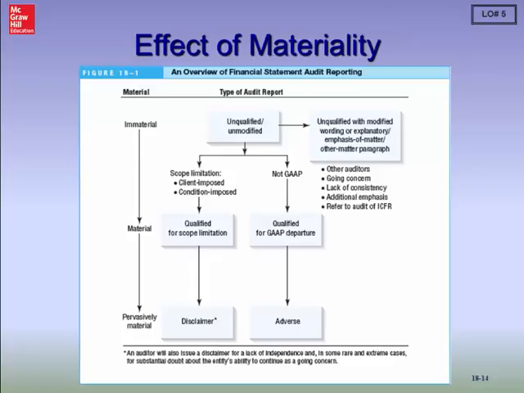If we have a material error, we're going to issue a qualified report. Again, qualified is except for, qualified for scope limitation, or qualified for GAAP departure. If it's pervasively material, we are either going to disclaim the financial statements or report an adverse opinion.